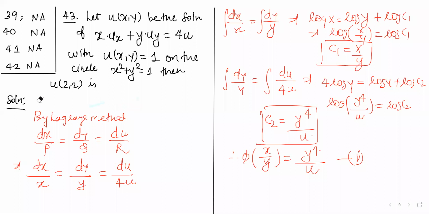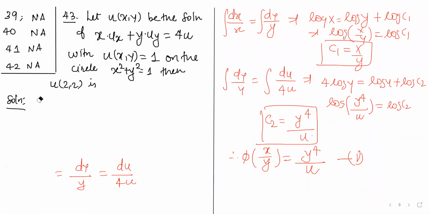Now we need to find out the characteristic curve first. To do that, we need to parameterize the equation of circle. It is saying x square plus y square equals 1, and u is 1. So u is 1, that is fixed, and parameterization of this circle will be simply cos theta and sin theta.